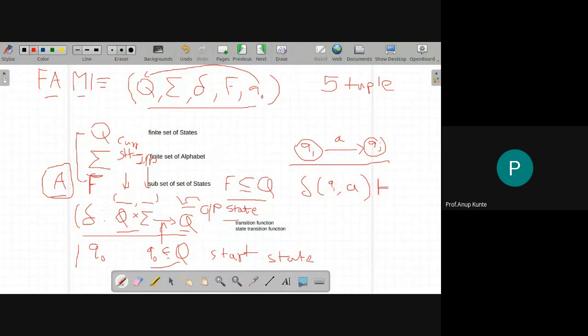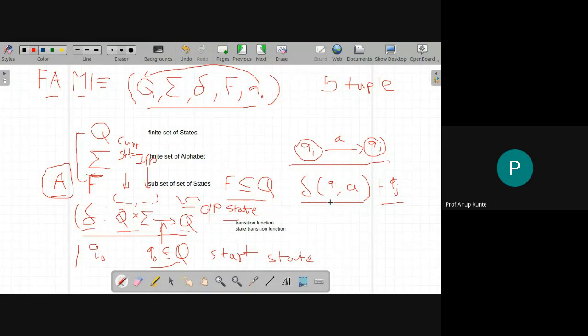This is a notation: a vertical line and a small horizontal line at the center. So this says that when I call the delta function with Qi comma A, it will produce output Qj. That means it will change my state to Qj. So this is the transient behavior that this function delta captures.